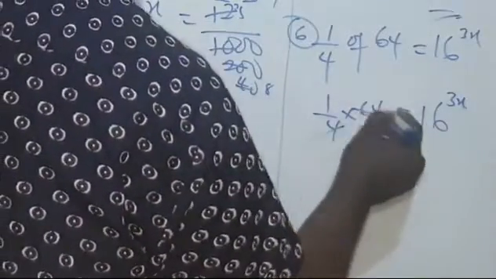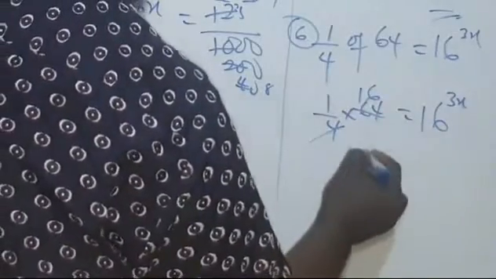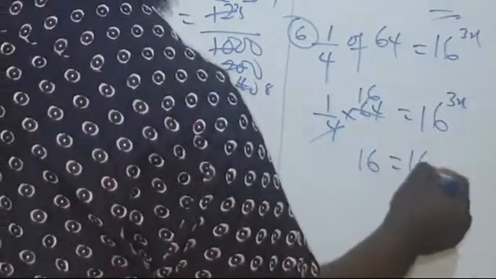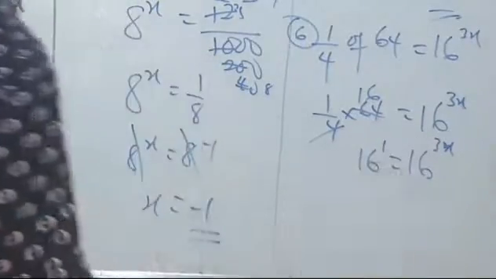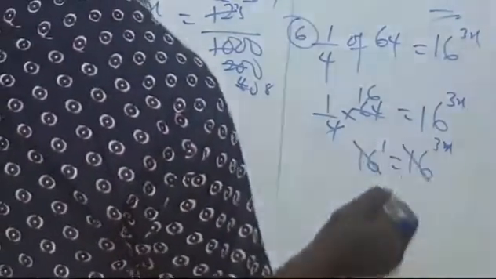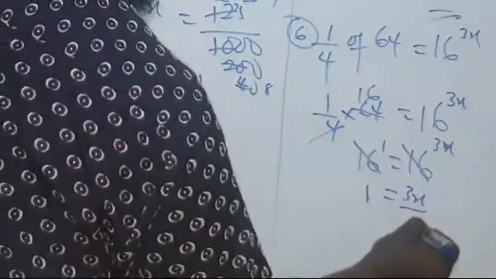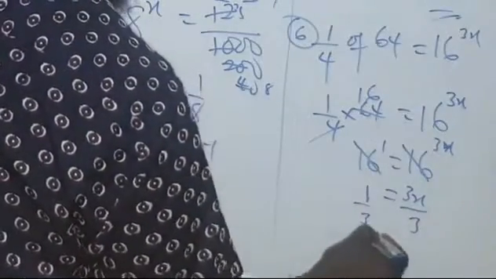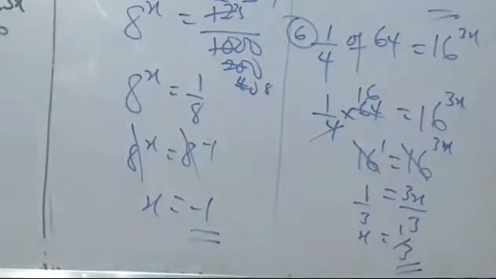So 4 here 1, 4 here 16. So we have 16 equal to 16 raised by 3x. This 16 means 16 raised by 1. Are you with me? So 16 cancels 16. Then we have 1 equals 3x. You divide both sides by 3. Therefore, x equals 1 all over 3. I believe this is clear.